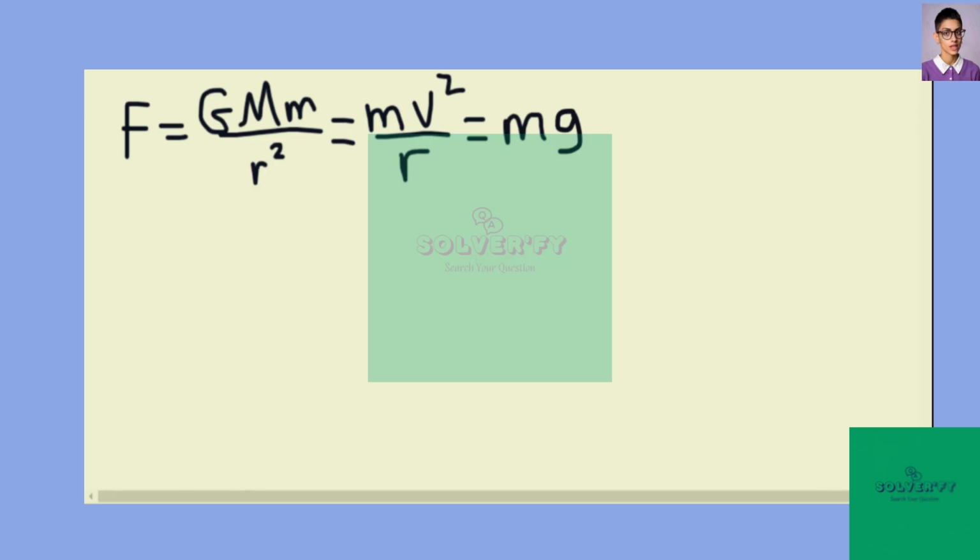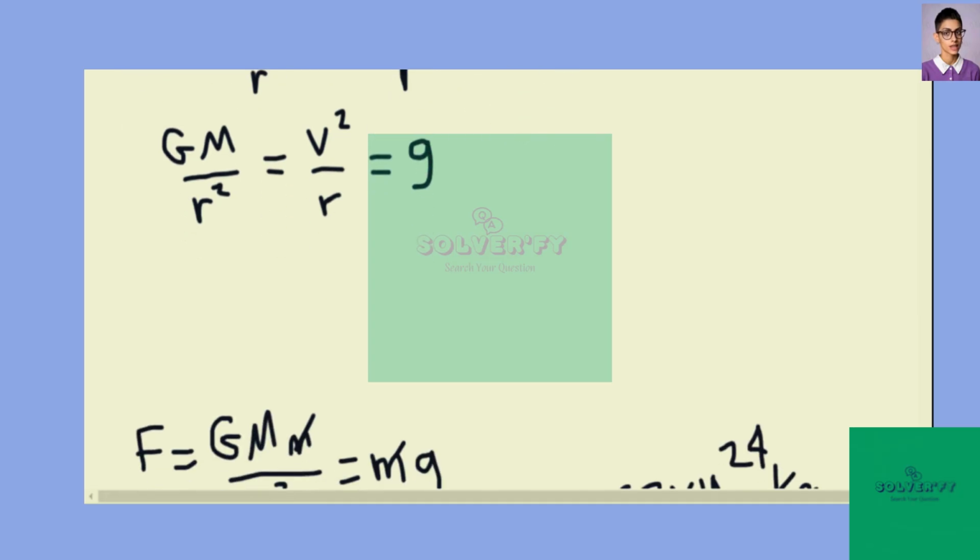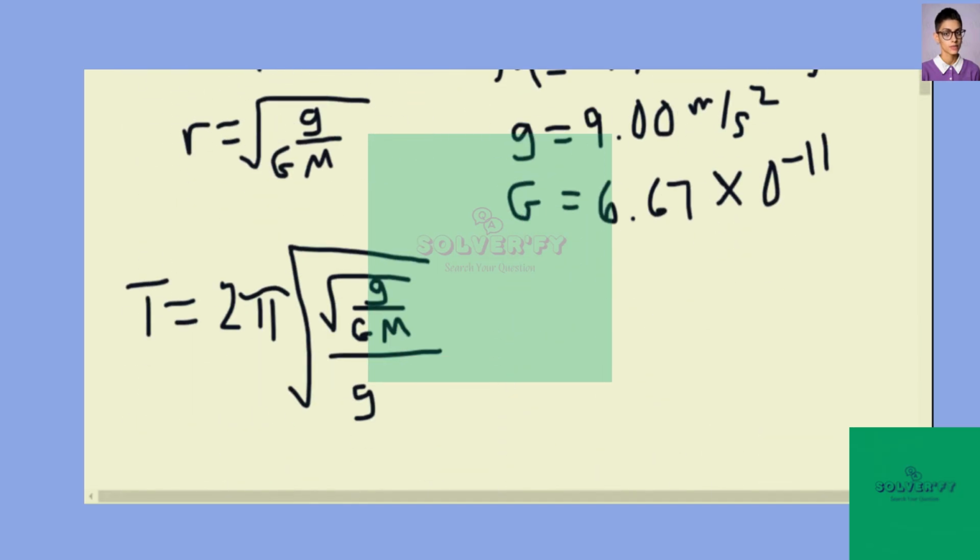Now the lowercase m cancels out of all of them. So we've got GM over r squared equals v squared over r, which equals g, which is equating the three accelerations. Now, I didn't realize I had more here.